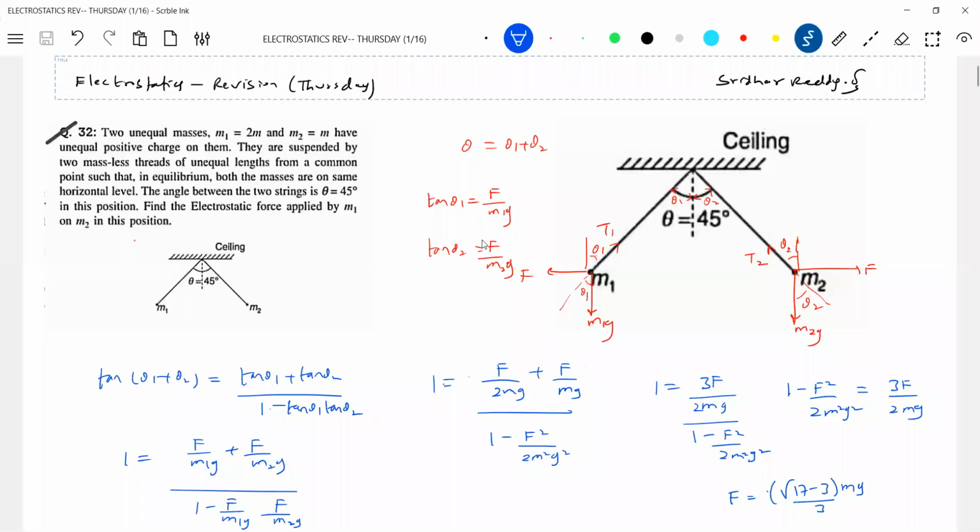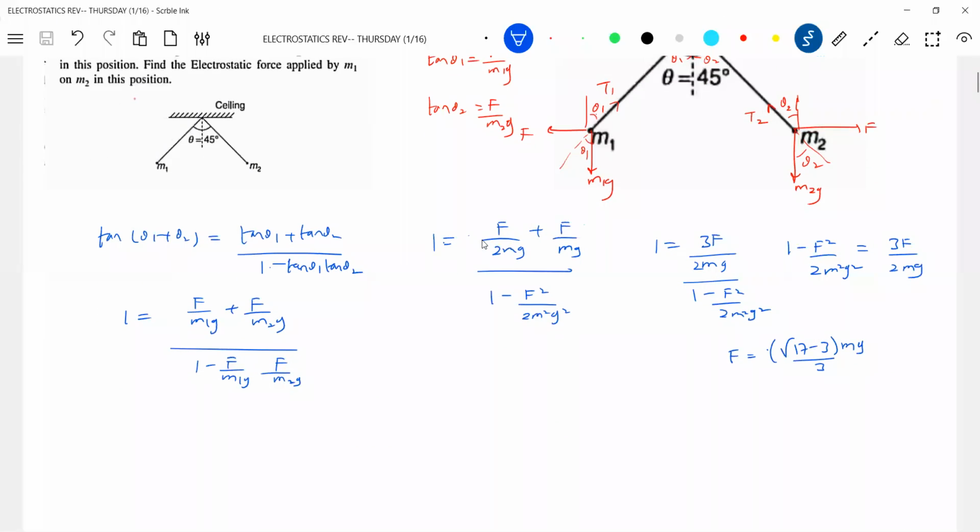So squaring and adding, how to get the tension in the strings? T1 cos theta 1 should be equal to M1G, and T1 sin theta 1 should be equal to F. After getting F, squaring and adding, you will get the tension. So T1 square should be equal to M1G square plus F square. You can find out the tension in the strings.